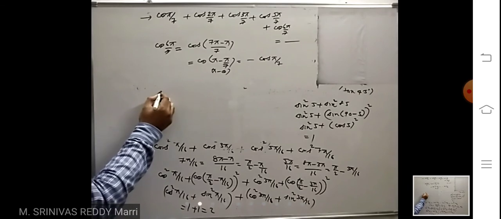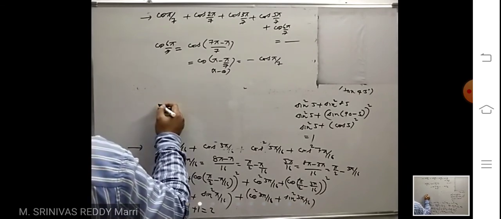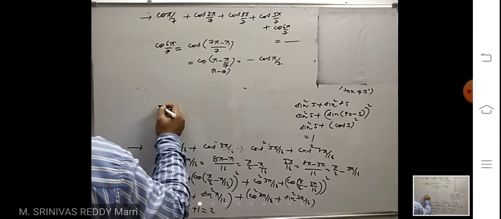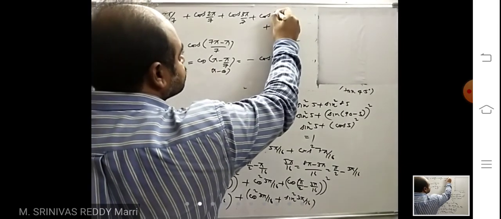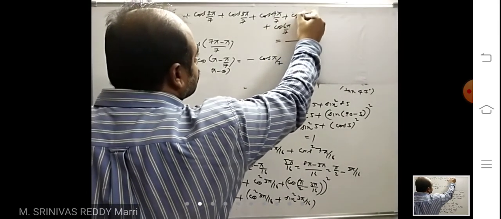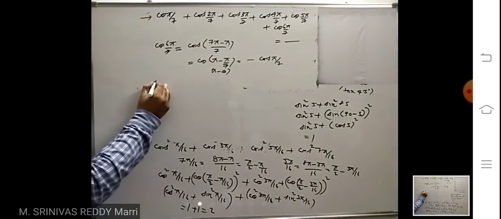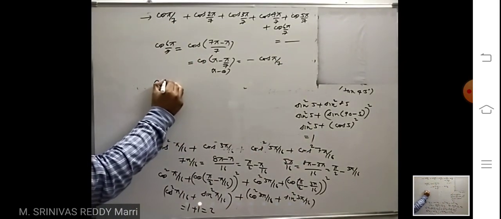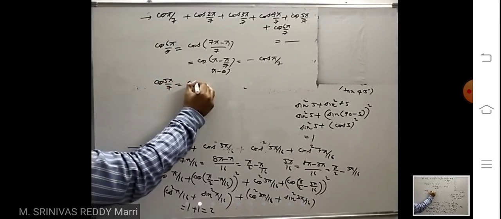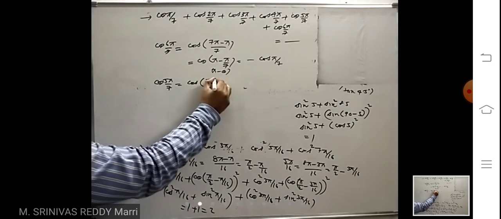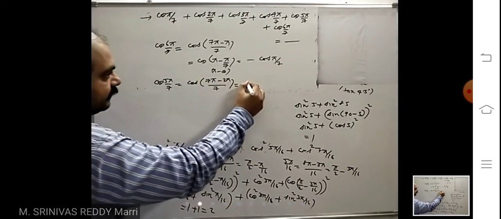Next, in between, 4 pi by 7 is also there, and 5 pi by 7. Now if you take cos 5 pi by 7, you write 5 pi as 7 pi minus 2 pi.